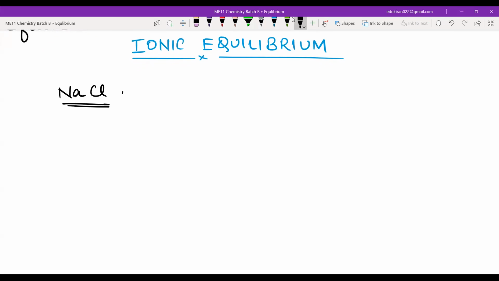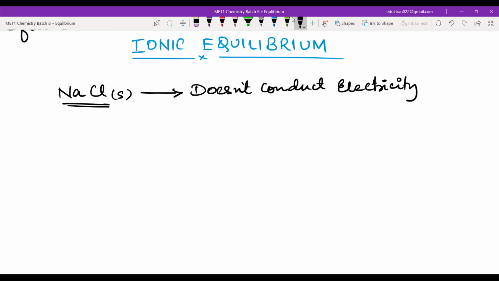Now NaCl, when it is in solid state, was seen to be a non-conductor of electricity.